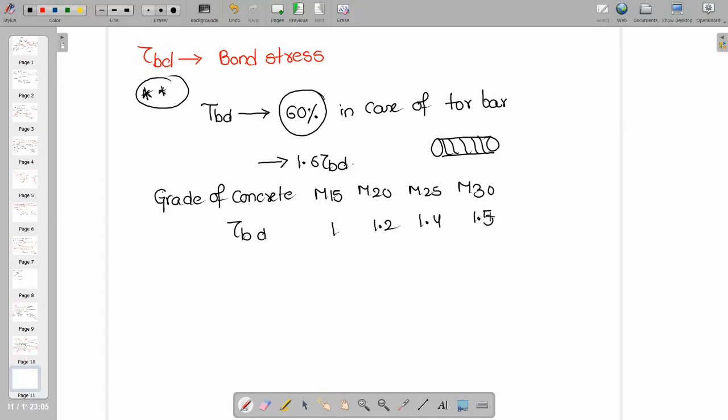Now, students, they can ask you for M20 concrete with tar bar: 1.6 into 1.2 will be equal to 1.92.